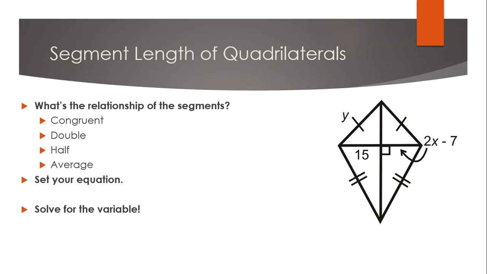Well, in kites we know that the long diagonal of a kite bisects the short diagonal. So that means the two smaller pieces, the 15, equals the 2x minus 7 in terms of length. So we can set our equation and solve for the variable. X ends up being 4.